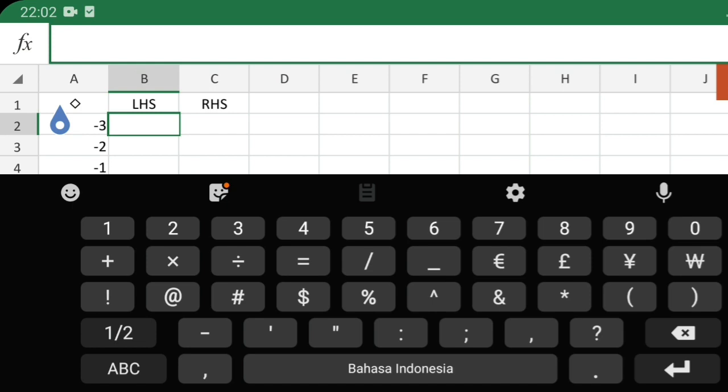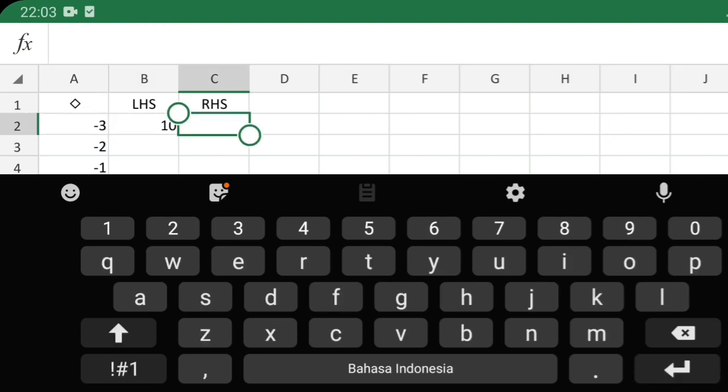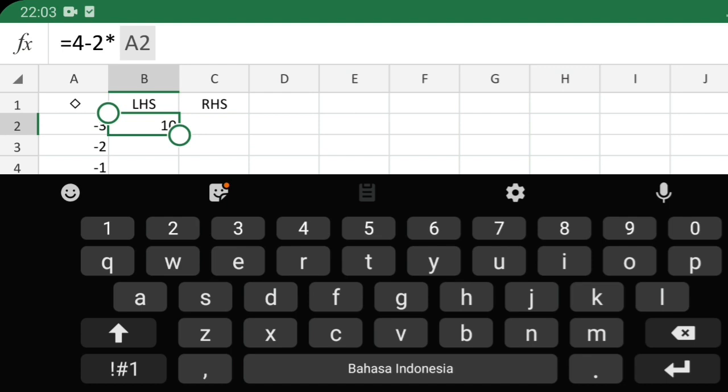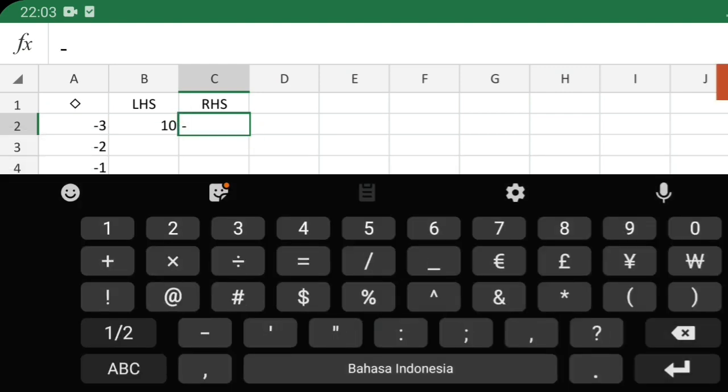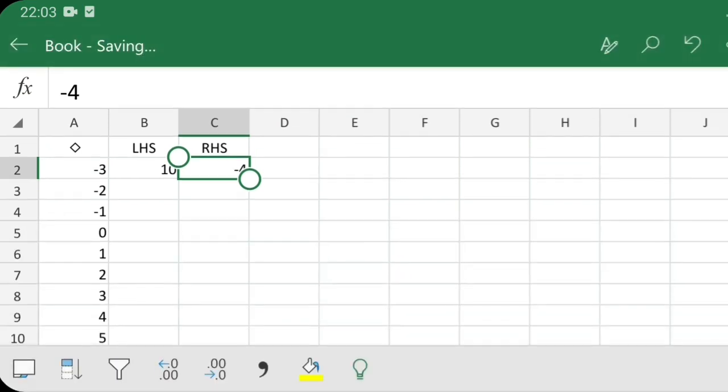You have to start with the equal sign, and then the equation in the left hand side is 4 minus 2 times this, and you click the B2 box like this and you can enter. You got 10. 10 is the value if you replace the rhombus with minus 3, and the right hand side is equal to minus 4. Okay, like this.